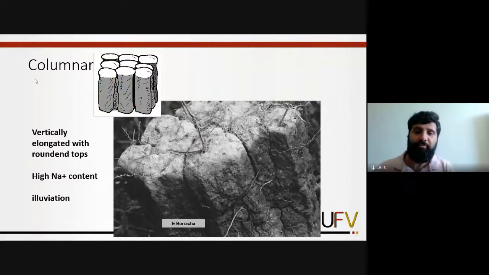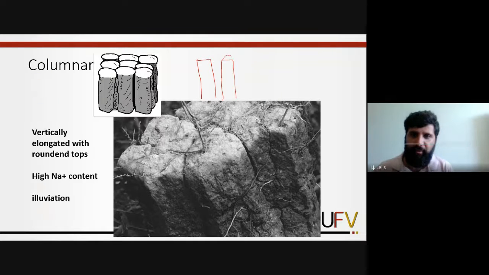Let me try to draw again. This is the prismatic, and this is the columnar. It has a rounded top, like here, around that top, like here, around that top, okay?